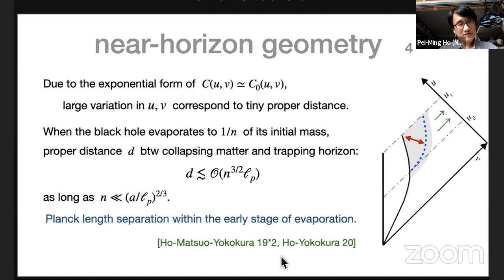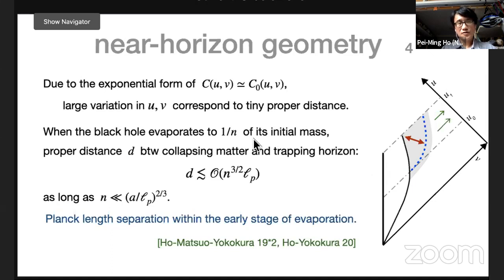A byproduct we found with this result is that, due to this exponential feature of C, the proper distance between the trapping horizon and the surface of the collapsing matter is always very small as long as you are still in the early stage of the evaporation.